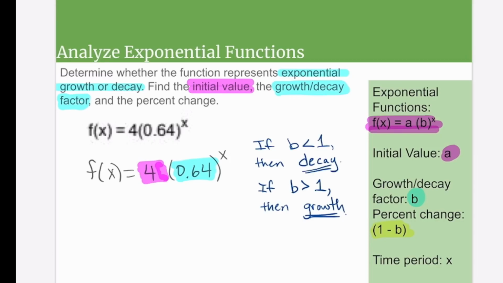So this is a decay because it's less than 1, right? So if the decay factor is 0.64, we need to figure this out as a percentage. If we make this a percent, it means it's 64%.